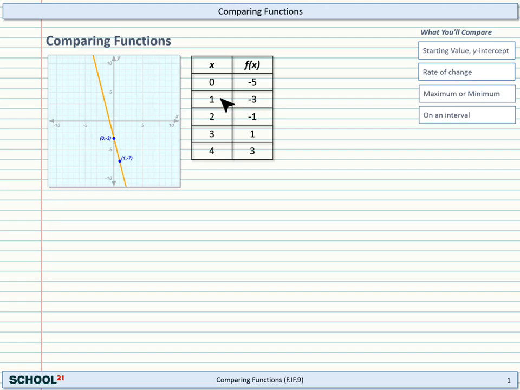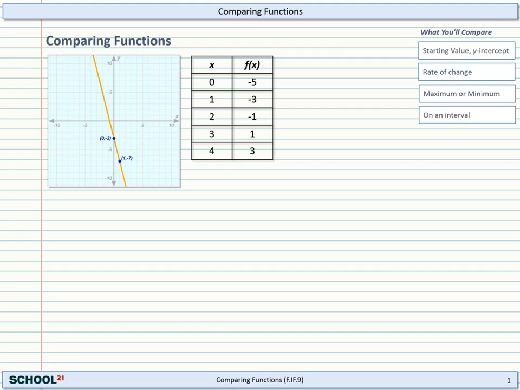So -3 is the maximum between 0 and 1. And over here, the maximum value between 0 and 1 is also -3. You can see the greatest y value there, or f of x value there, is -3. So they actually have the same maximum on the interval of 0 to 1.